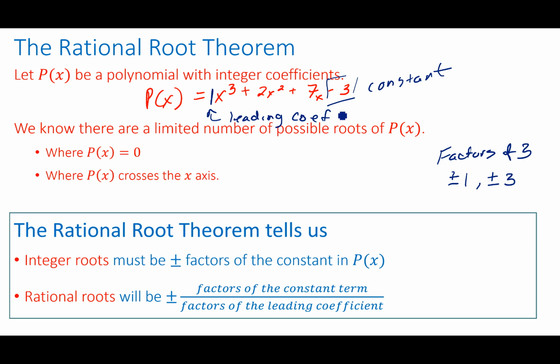So no matter how complicated or how long your polynomial is, all we're looking at is the leading coefficient and the constant on the end. I don't even care what's going on in the middle. The rational root theorem tells me that I could have integer roots, which are simply plus minus factors of the constant, but then rational roots will be plus minus factors of the constant divided by factors of that leading coefficient.